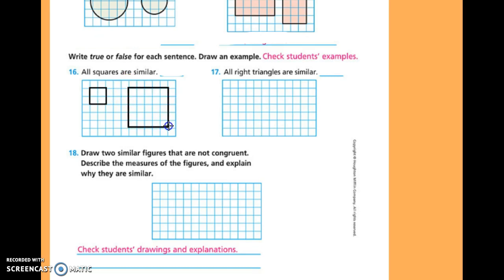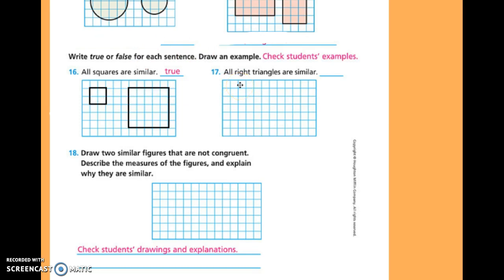All right, so what do we think? Are all squares similar, true or false? The answer is true. All squares are similar to each other because if you think about it, if I took any square, I would be able to expand it to fit into any other square. So they are similar.